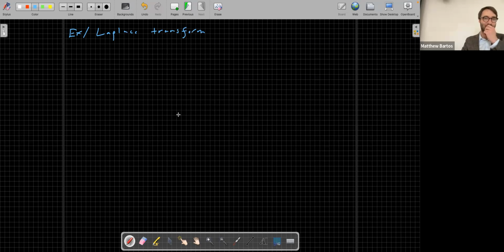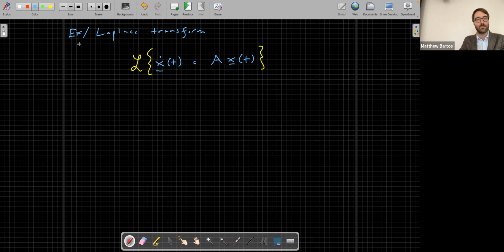So first, note that if we have a system of the form x dot of t is equal to A x of t, note that the Laplace transform is a linear operator. So we can just take the Laplace transform and apply it to this matrix equation as well. And we did this in the previous class or 2 classes ago.